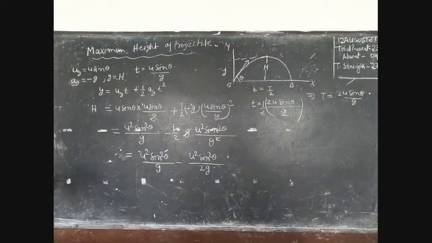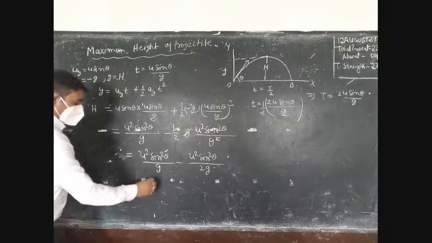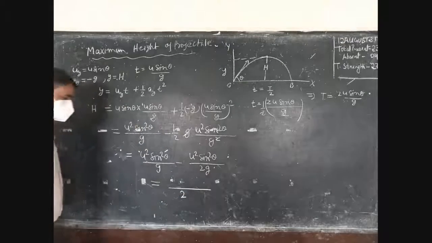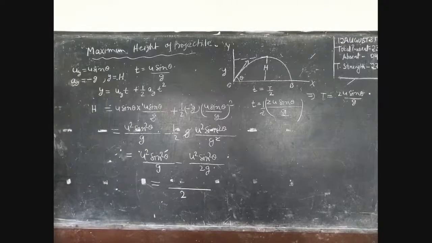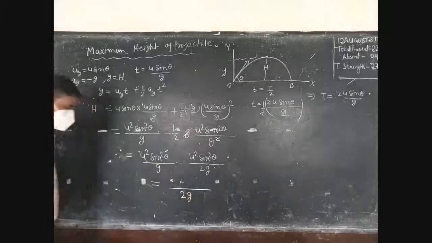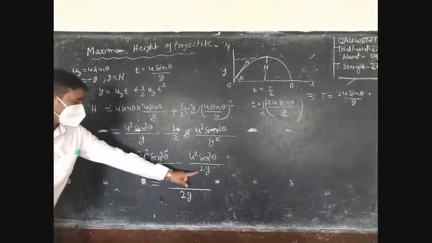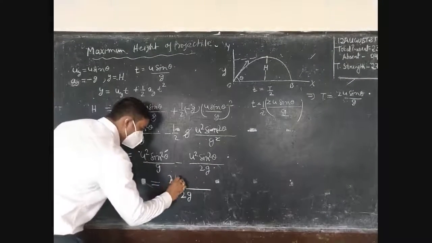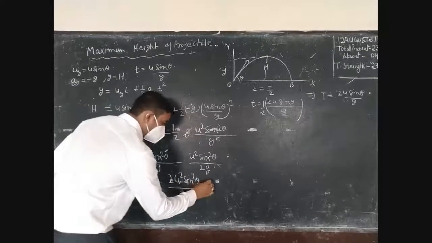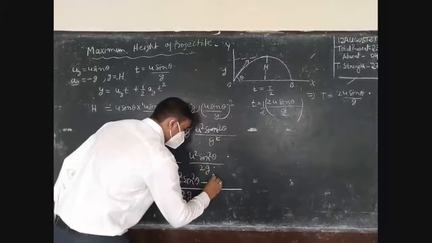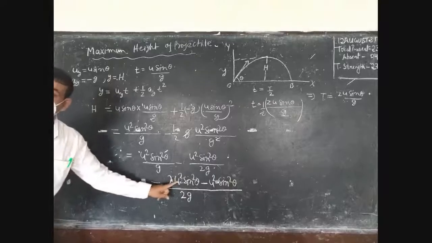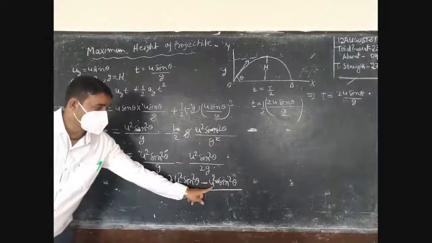Just take LCM and solve it. 2g, when you multiply by 2, you get 2u square sin square theta minus u square sin square theta.